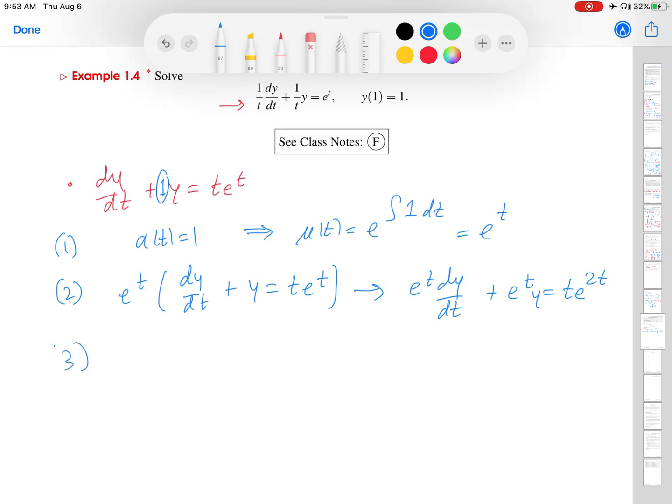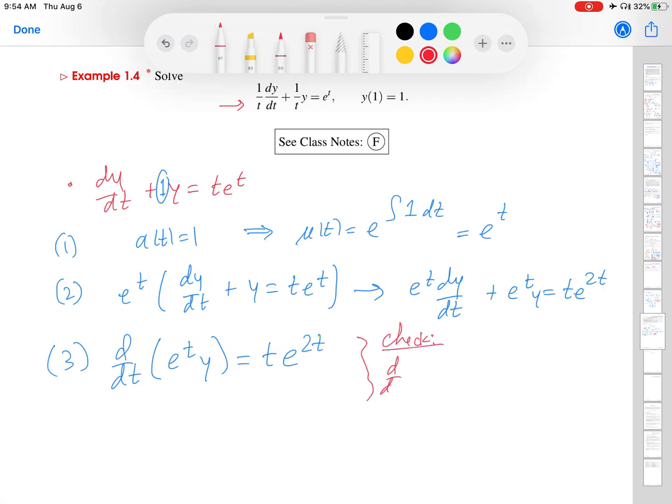And then the third step here is the left-hand side. If everything has gone correctly up until this point, the left-hand side should collapse into a product rule of mu times y. Again, I always like to check that.